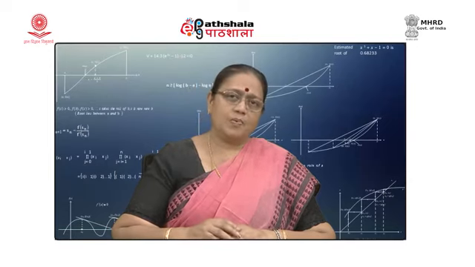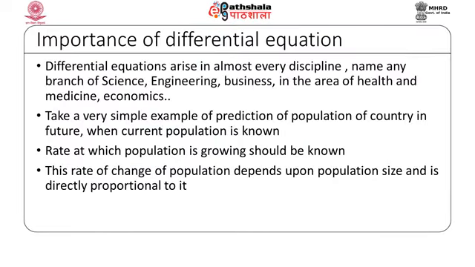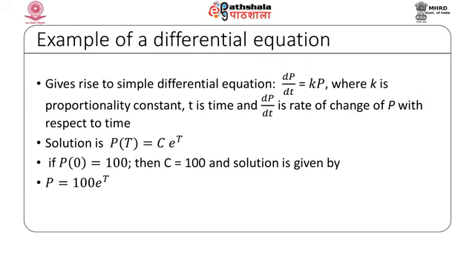We need to know the current population and also at what rate the population is changing. So, if we denote the population by P, and the rate of change of population with respect to t is dP by dt, the derivative of P with respect to time t, and this rate of change is proportional to the population P. So, we can say that dP by dt is given by k times P, where k is a constant.